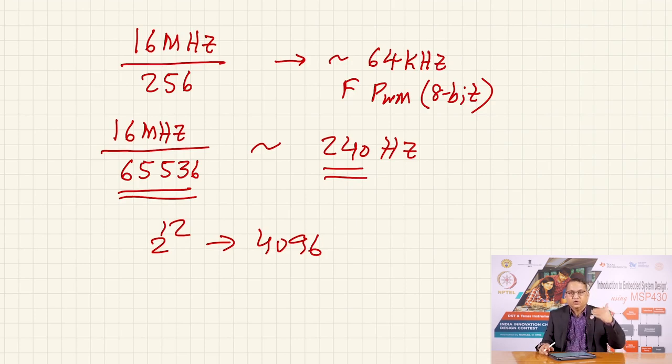So, keeping the constraint of the system clock frequency in mind, and the resultant PWM frequency, you can choose a higher or lower resolution, but be aware that it is going to impact the carrier frequency of the PWM signal. If for a given application the carrier frequency is sufficient and suitable, why not choose a higher resolution. If not, you can give up the resolution and have a higher frequency of PWM signal.